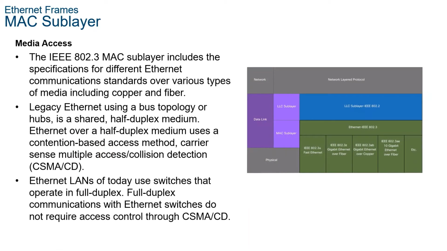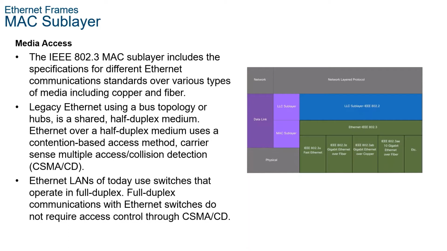Next is the MAC sublayer media access. As shown in the figure, the IEEE 802.3 sublayer includes the specifications for different Ethernet communication standards over various types of media, including copper and fiber optic cable. Recall that legacy Ethernet using a bus topology or hubs is a shared half-duplex medium.